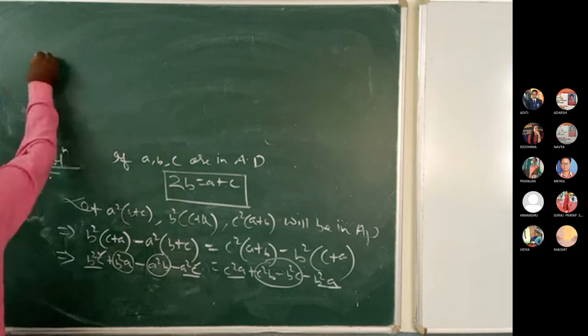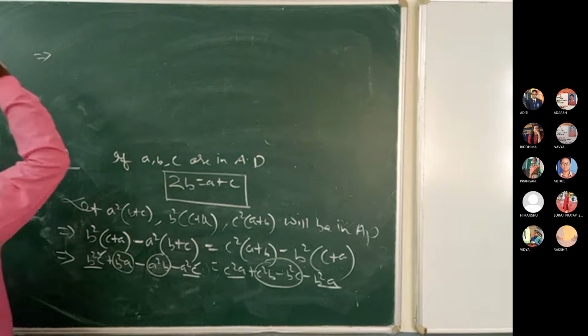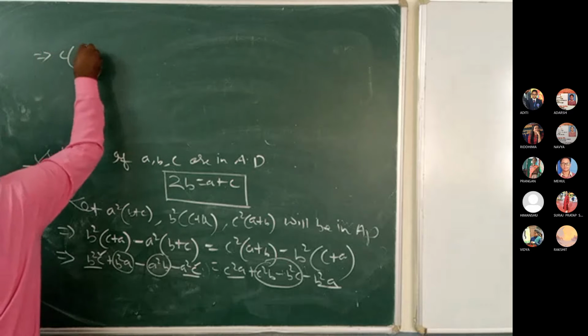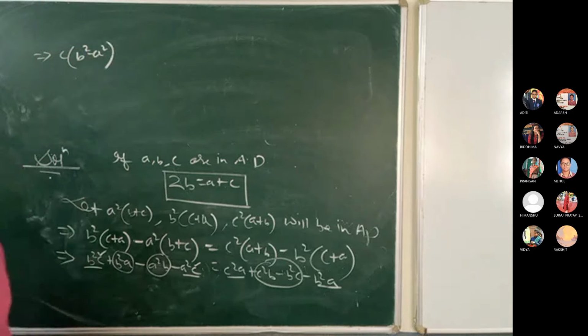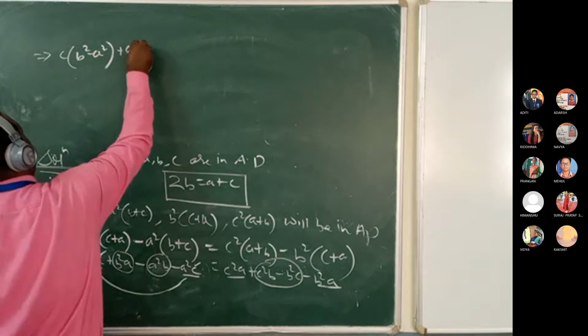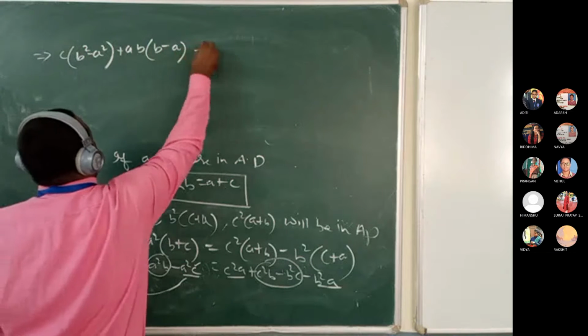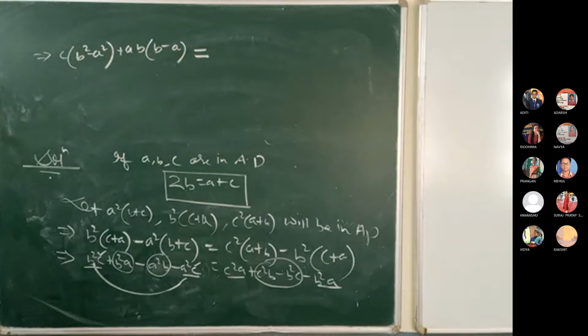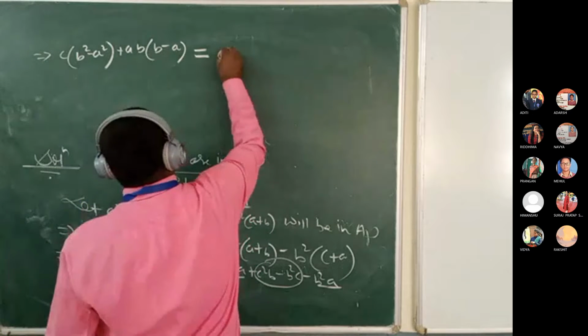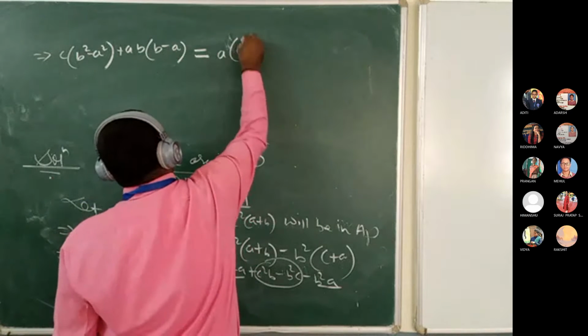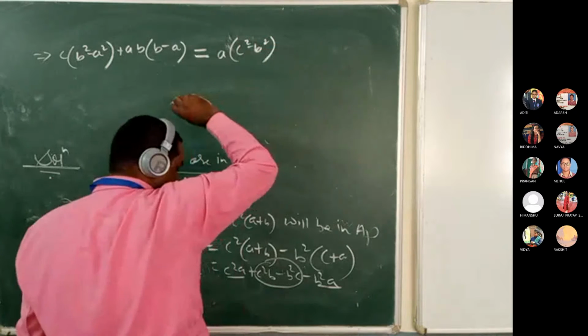Okay, so I'm going to write here C, so B square minus A square in these two terms. And after that, take AB common, so B minus A. Again, take A common, so it is C square minus B square.